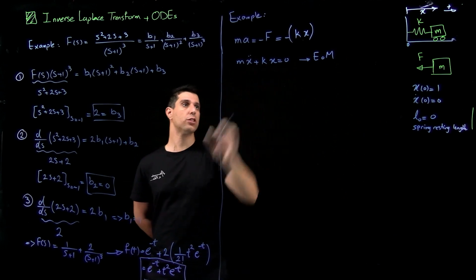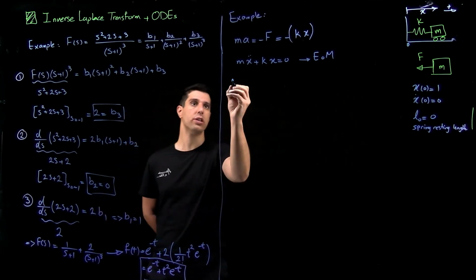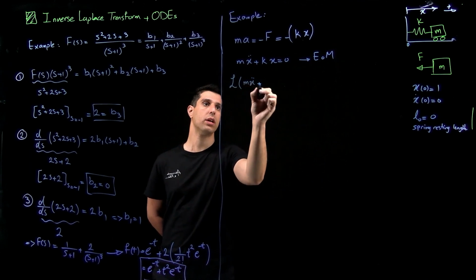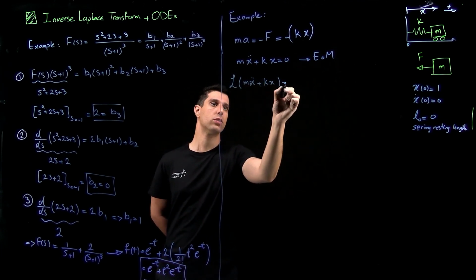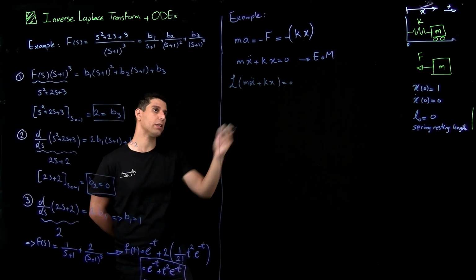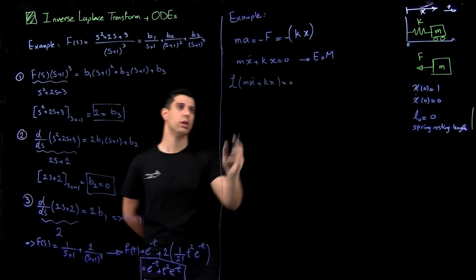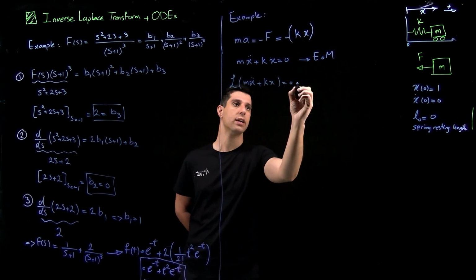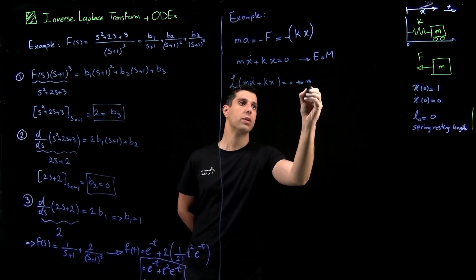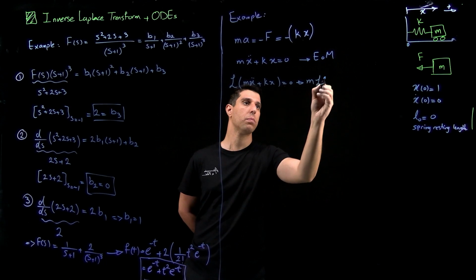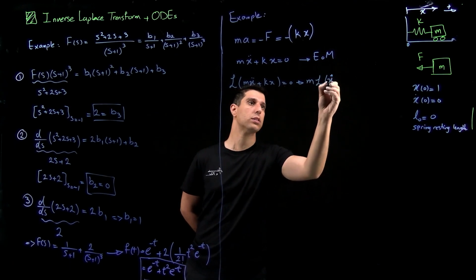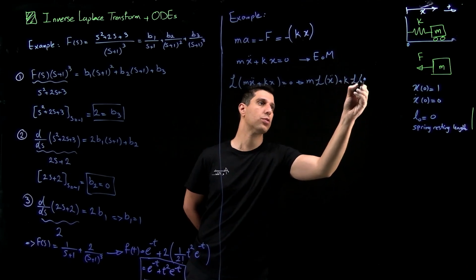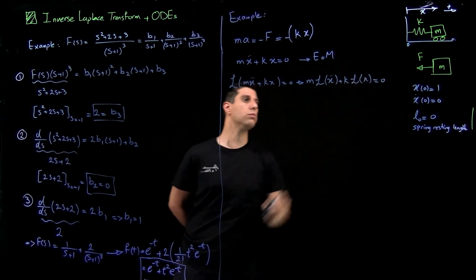If I take the Laplace transform of the entire equation, m x double dot plus kx equals 0, because the Laplace transform of 0 is 0, and because the Laplace transform is linear, that gives me m times the Laplace transform of x double dot plus k times the Laplace transform of x equals 0.